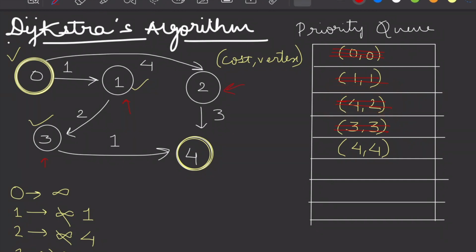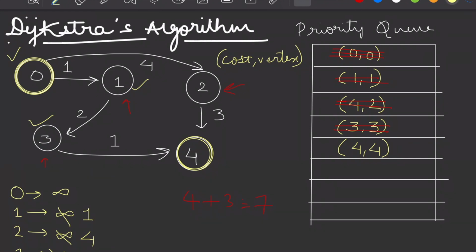From 2 we have just one edge going to 4, and the cost to reach 2 was 4, so the cost to reach 4 from 2 would be 4 plus 3, which is 7. Now we compare it with the value we already have, right?